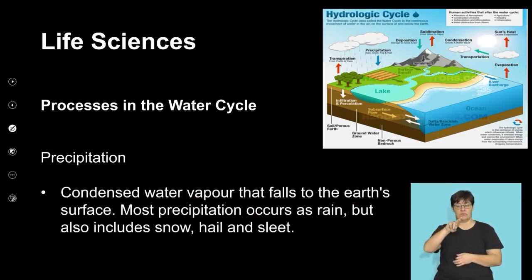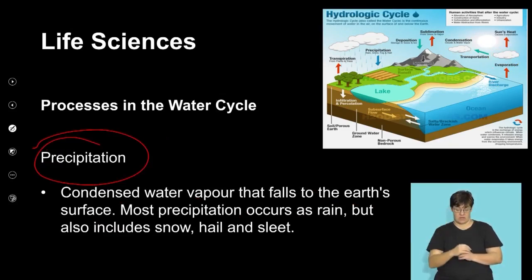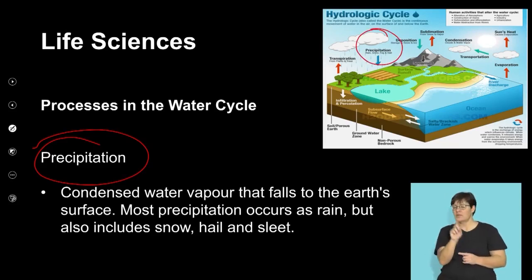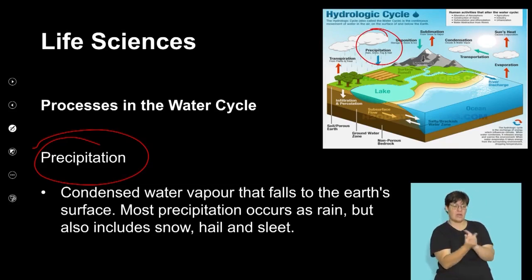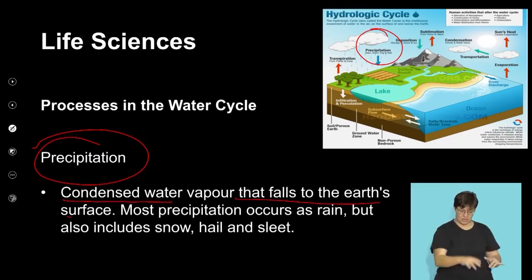The next process in the water cycle is called precipitation. And if we look at the process of precipitation here, it could refer to how water vapor and clouds change back to a liquid state. So this is the condensed water vapor that falls to the Earth's surface, now called precipitation.